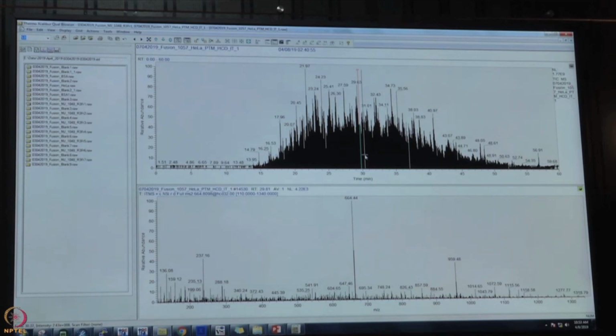Let us now take a look at an example of a very good chromatogram. On the screen, we see a very Gaussian distribution of the peptides. This is the MS1 chromatogram. That means all the peptides which have entered into the mass spectrometer as charged species have got detected at the MS1 level.